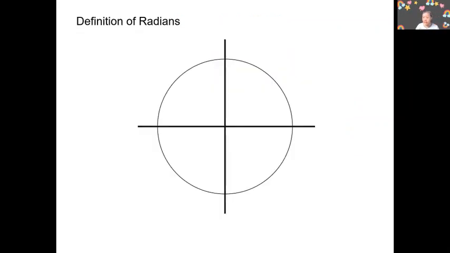Okay, so we see the circle centered at the origin over the quadrant again. Here we will see how they came up with the idea of radians on this circle.